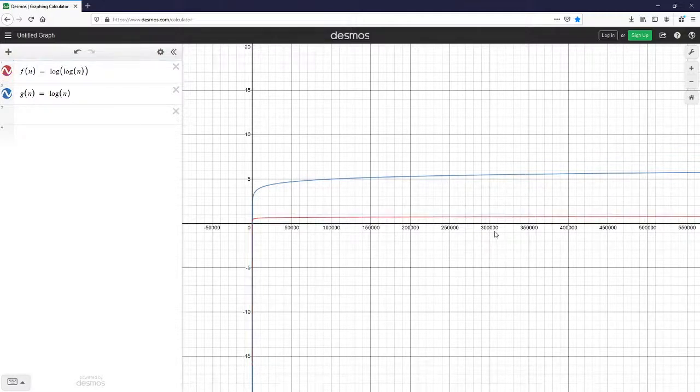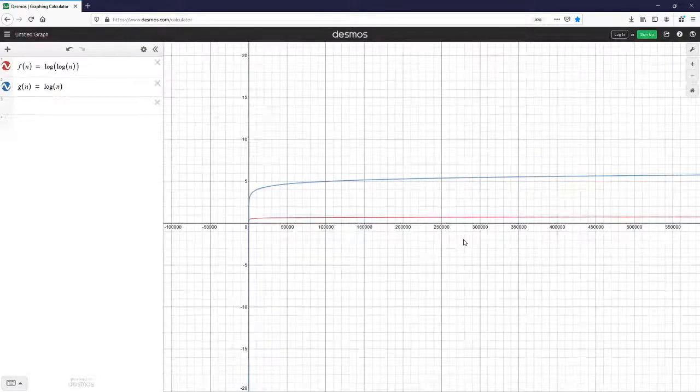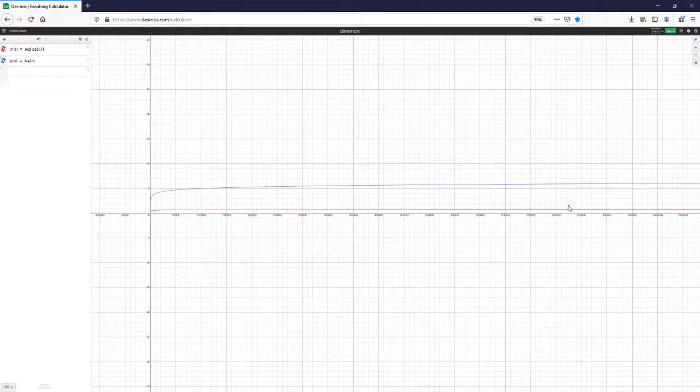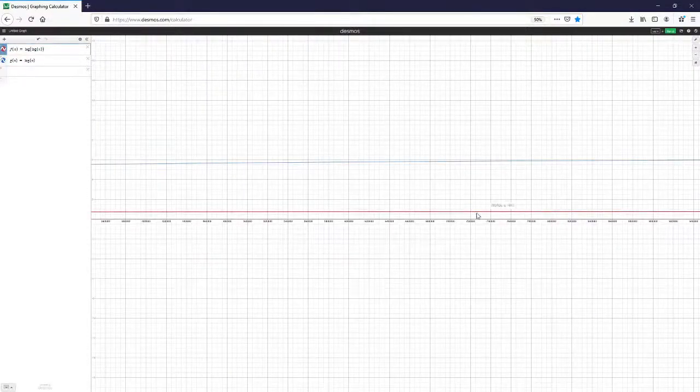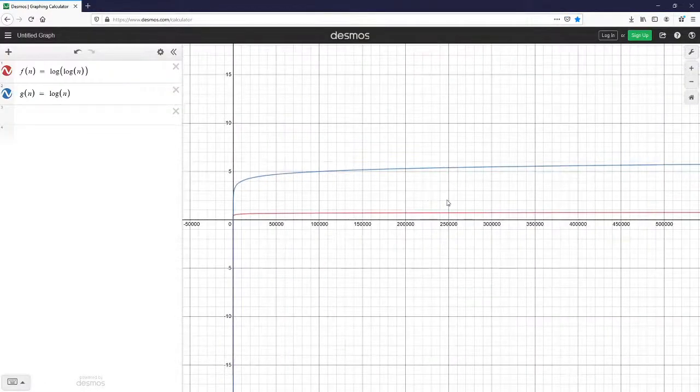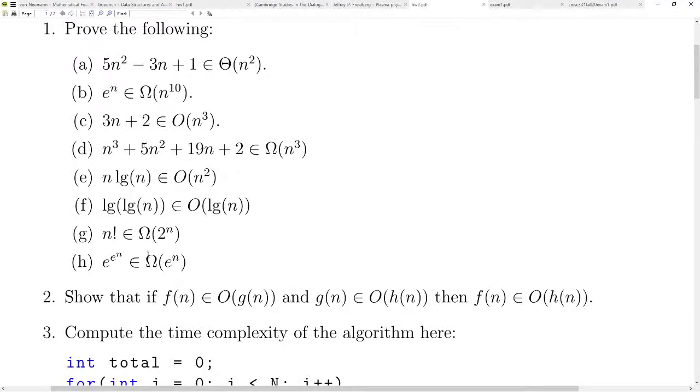So it's vastly better if you have a function that's log, right? Because it's much, much smaller than a log function. Okay, cool. So that's basically what I want to say about all this stuff.